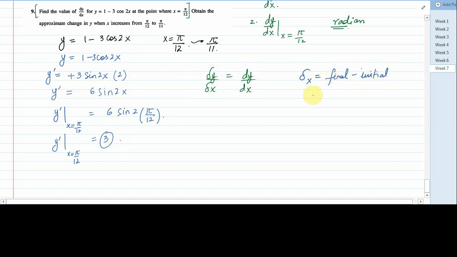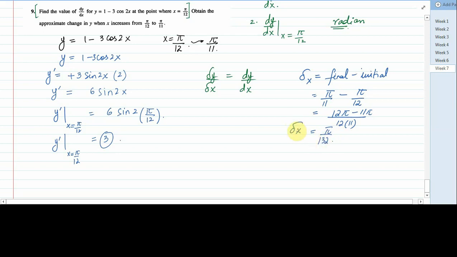So the final value, it says x increases from pi by 12 to pi over 11. The final value we have, it's pi over 11 minus pi over 12. The LCM will be 12 pi minus 11 pi divided by 12 into 11. So 12 pi minus 11 pi leads to pi divided by 12 into 11, it leads to 132. So that is your change in x.